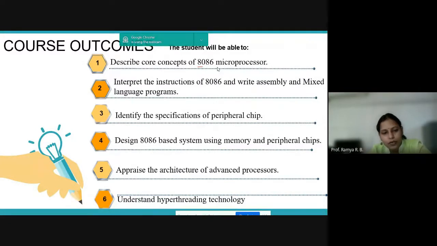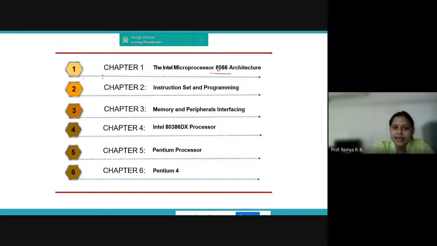I can write the code in C and then I can write the assembly language code, which includes a lot of BIOS interrupts and all, embedding that assembly language code in that C program. That is called mixed language programming, when you are embedding assembly programming in a higher level language. So in the second module, you are learning the instruction set and then you are learning how to write assembly language programs.